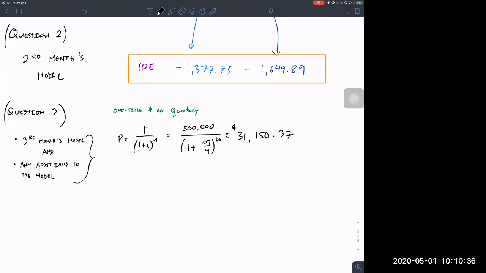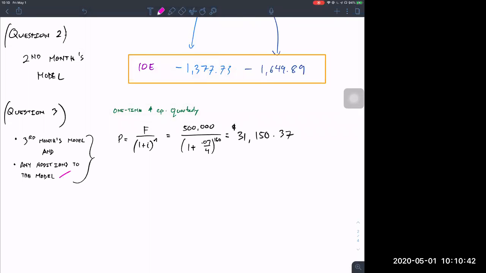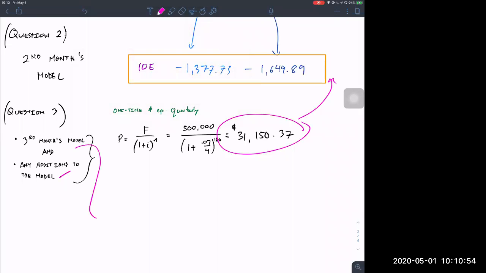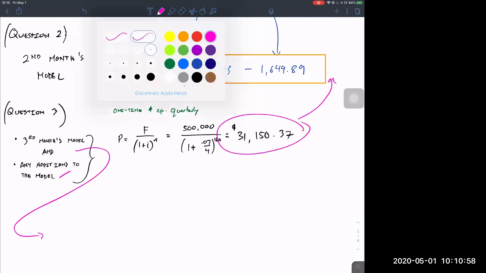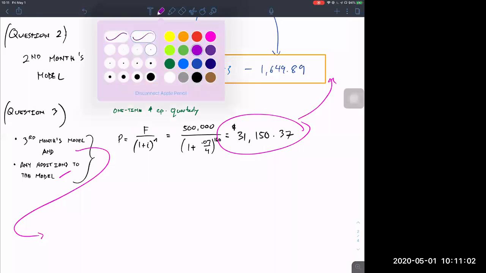Okay, so now what happens is that we take this, answering any additions to the model. We need this piece now, and it's going to go right at the end here. To answer the third month's model, which is down here, you take this entire orange rectangle and you repeat it.